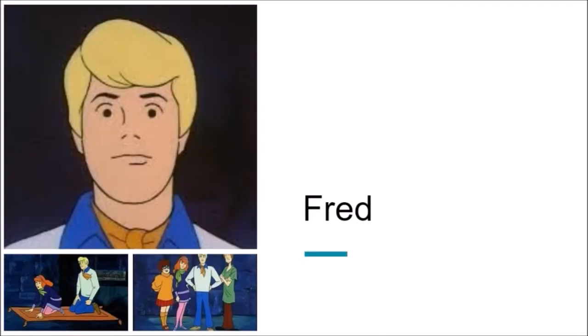Next we have Fred. Fred has that same sort of blunt openness as Shaggy, but he doesn't read as long. He reads more wide, more soft. His body as well, it's quite wide. If you squint real hard and you take out your magnifying glass and you look at these little pictures on the bottom, you'll be able to see that his torso is made up of, what are those called?